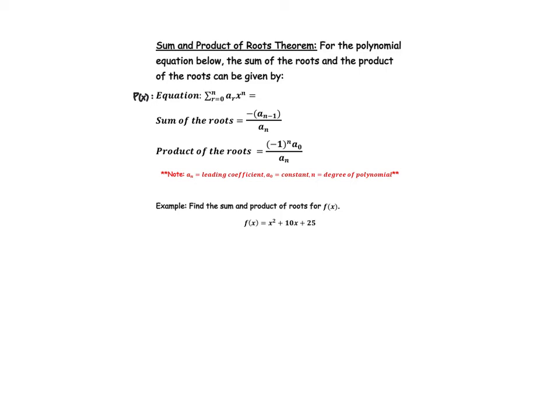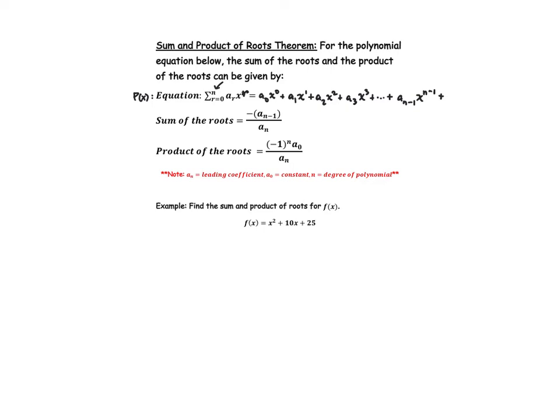Oops, this should be x to the r power. Okay, so what we'll have here is a sub 0 x to the 0 plus a sub 1 x to the 1 plus a sub 2 x squared plus a sub 3 x to the third, all the way out to the n minus 1 term, and then to the last term.